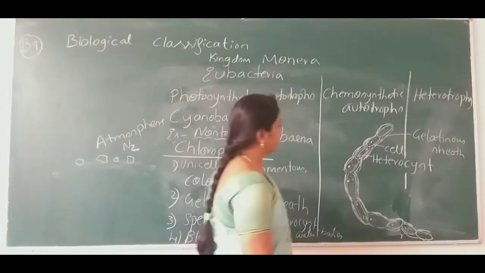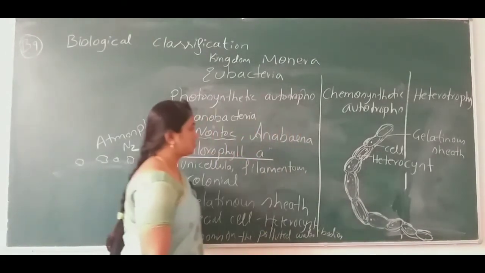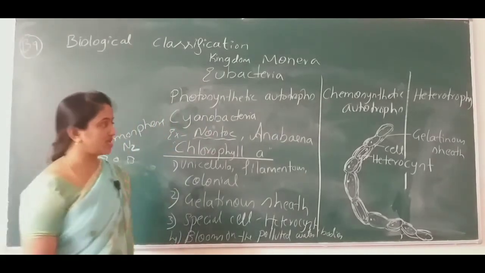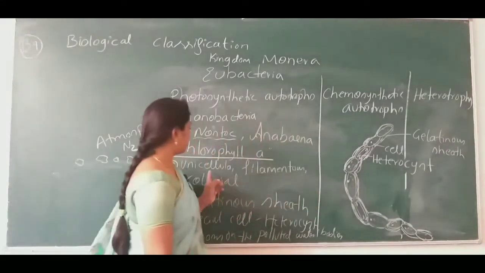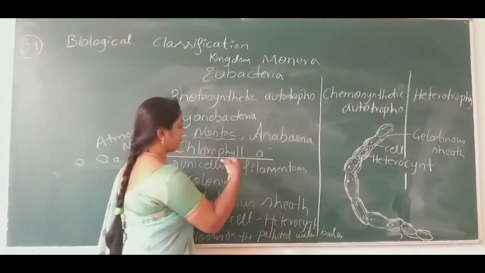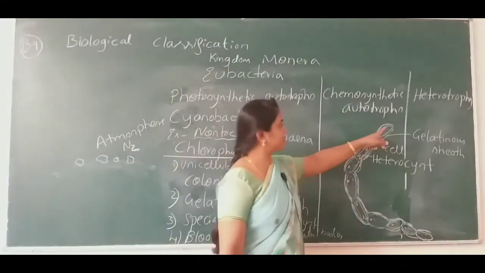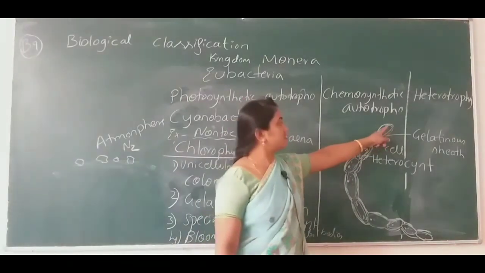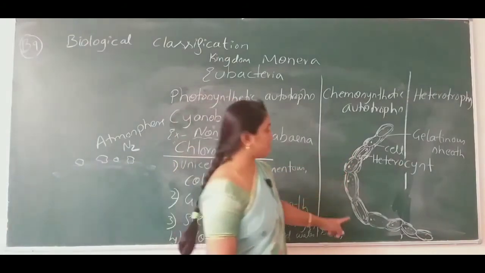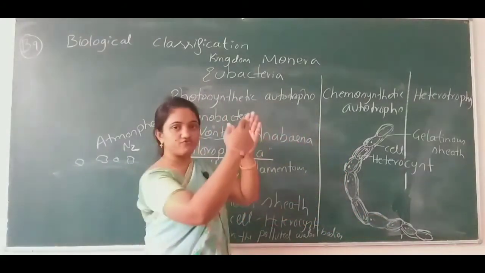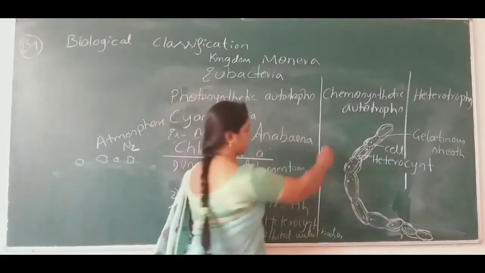Now, let me tell you about Nostoc. Nostoc, as I said, is unicellular and filamentous. Like here, one cell, one more cell, one above the other, they form into a filament like this.